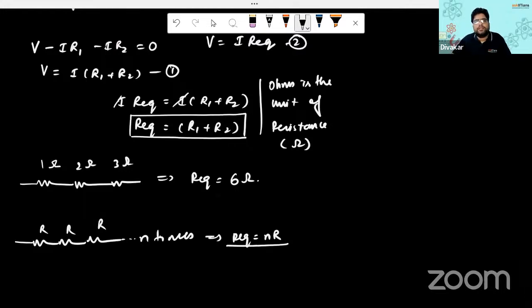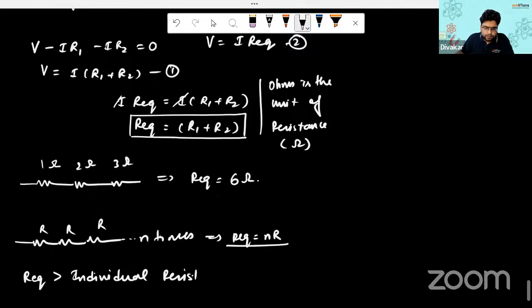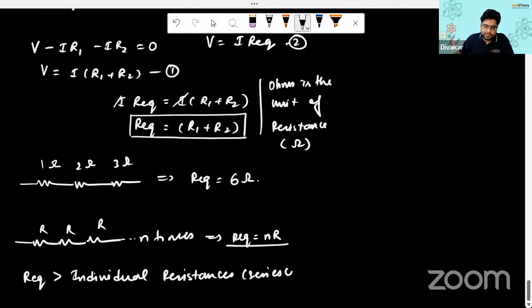Is 2 greater than 1? Yes. If I have 1 plus 3 plus 2, that is 6 ohms. Is 6 greater than 1? Yes. Greater than 2? Yes. Greater than 3? Yes. So R equivalent will always be greater than individual resistances in case of series connection.